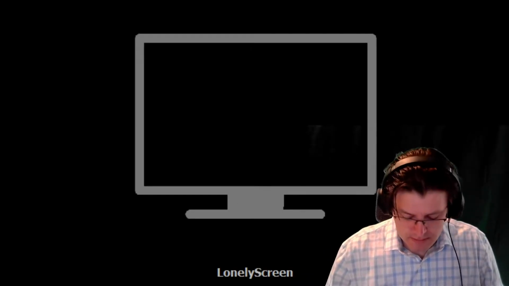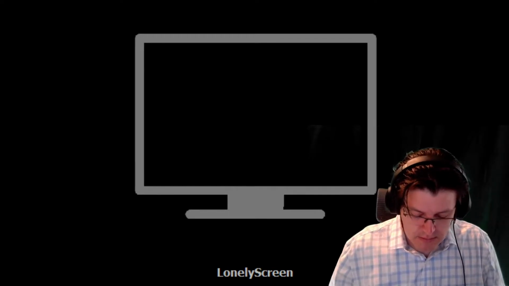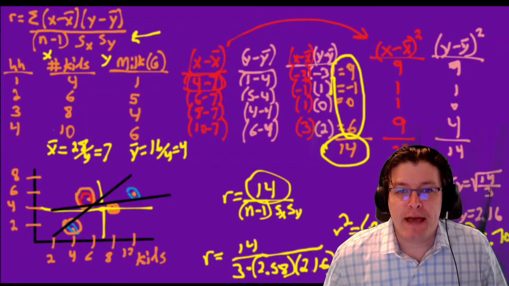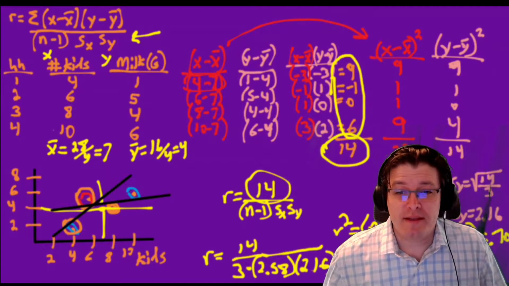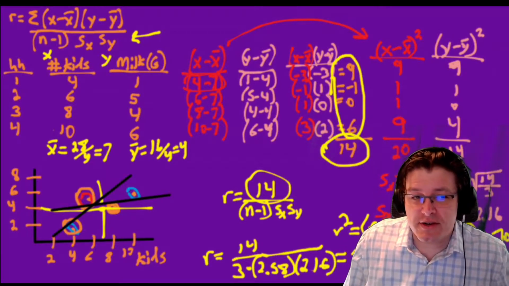Well, we can just rehash where we were. So we'll pick up right where we were with 73 different colors on the screen.